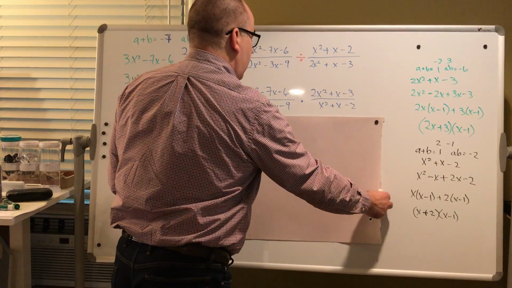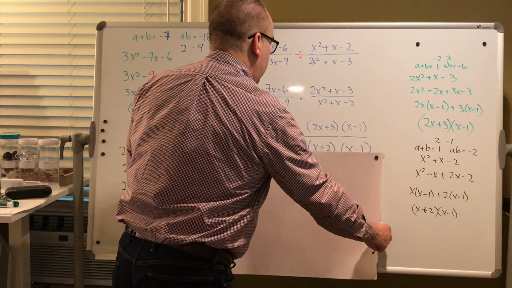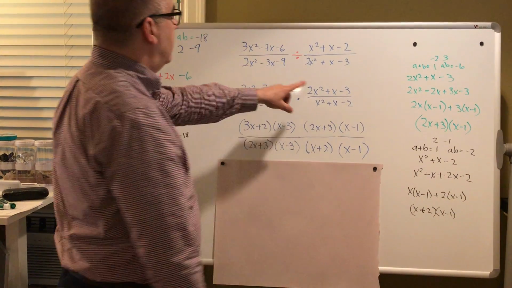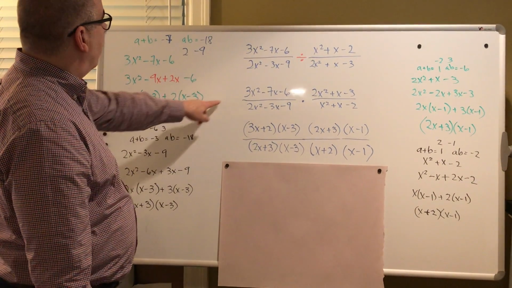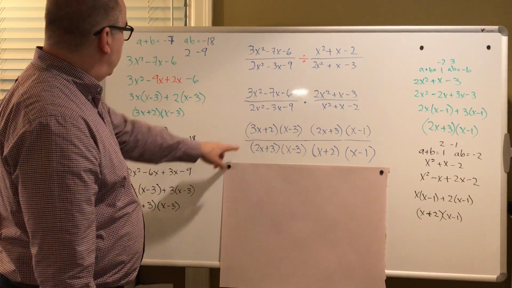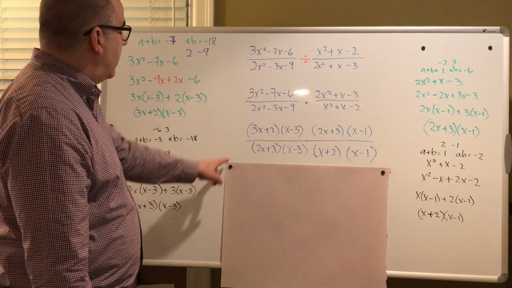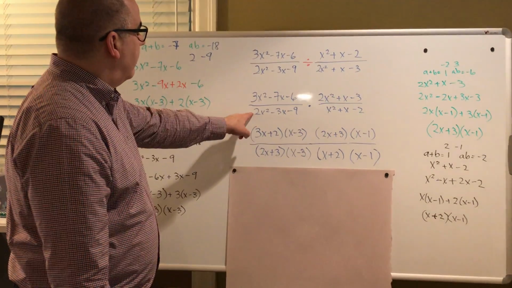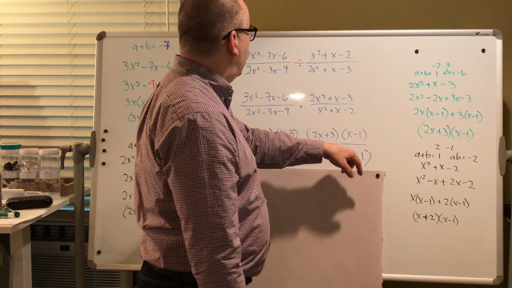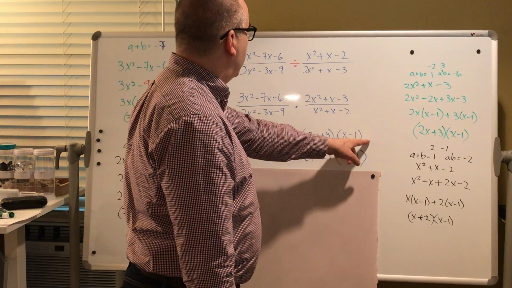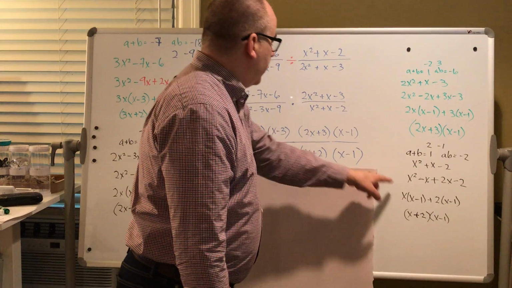And I replaced those factors in this equation. So these factors went right into here, and these factors came right up here for that one. These factors came here, right here actually, and these factors came there.